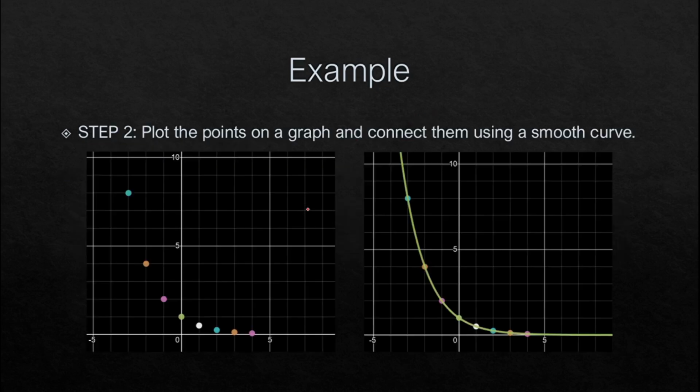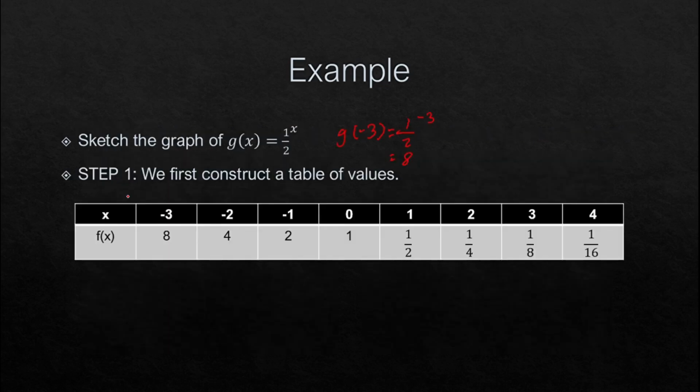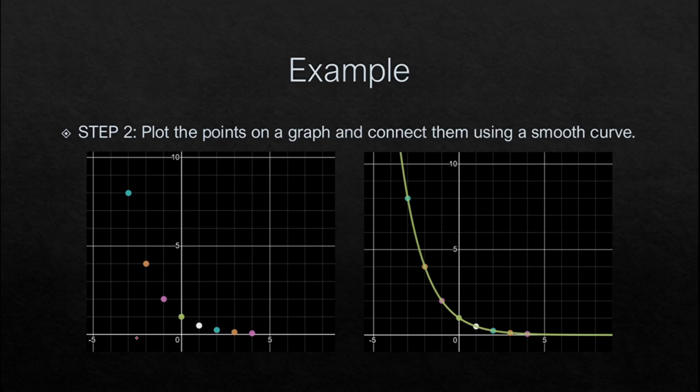Para kung mag-graph ka, makita mo, dito ang plot mo, negative 3 and 8, and dito another point, another point, hanggang there's a clear line na pwede mong i-draw.